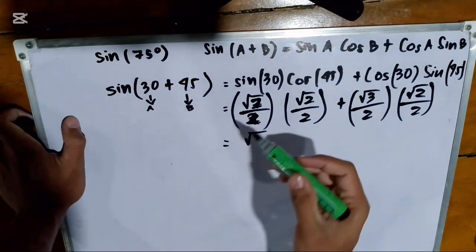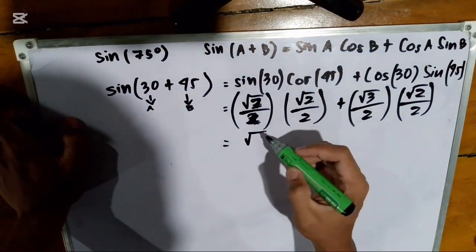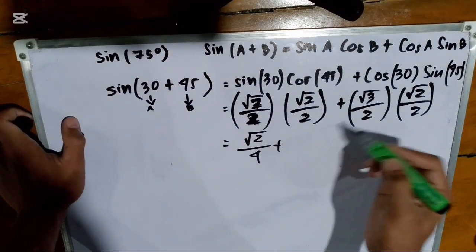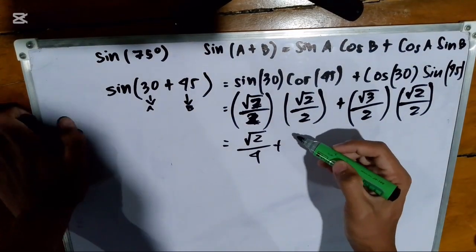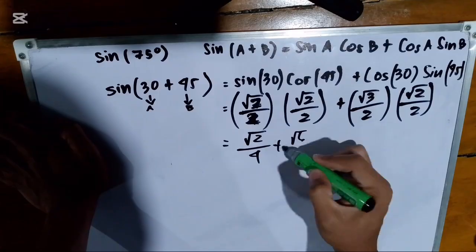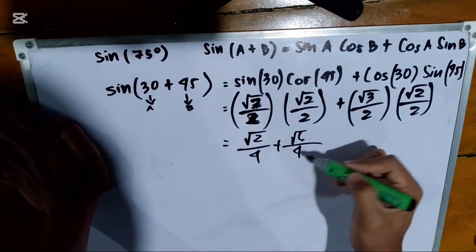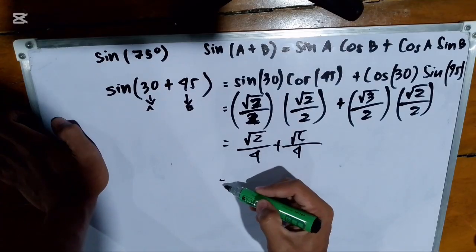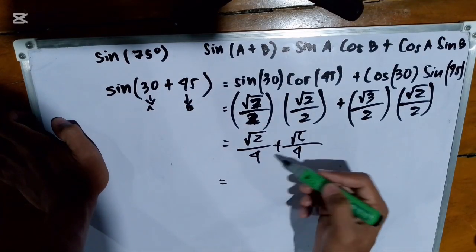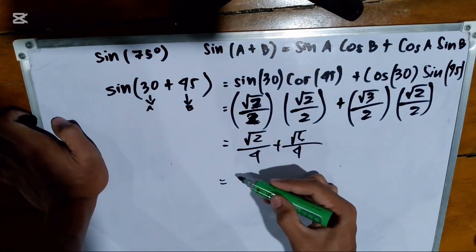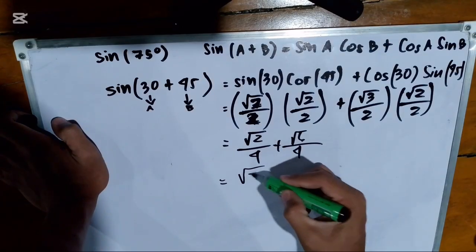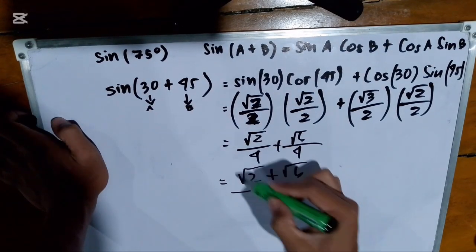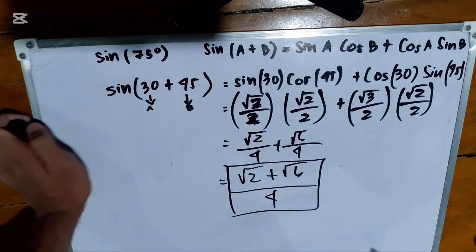And now let us multiply, and the answer will be root 2 over 4 plus root 6 over 4. And now let's form this in one fraction, and that would be root 2 plus root 6 over 4, and this is the final answer.